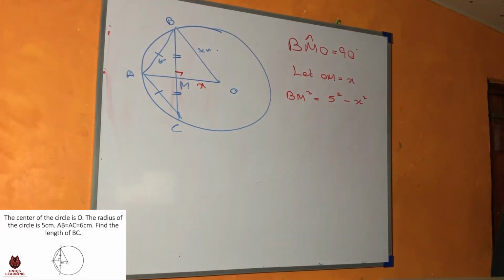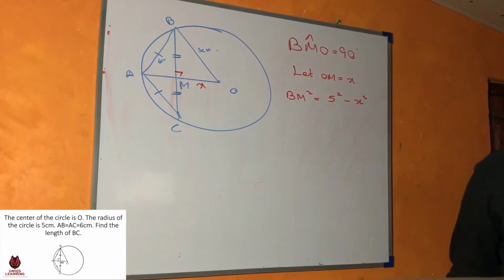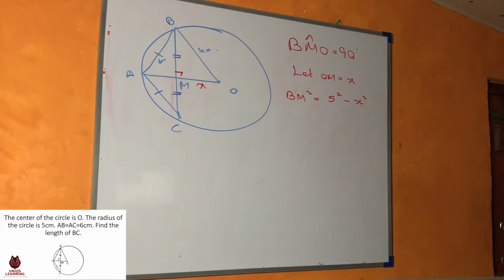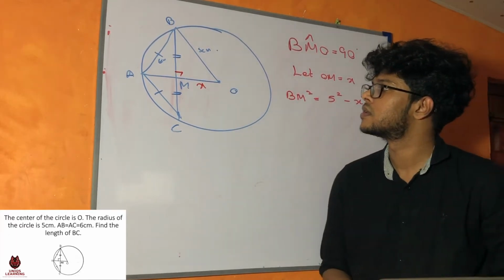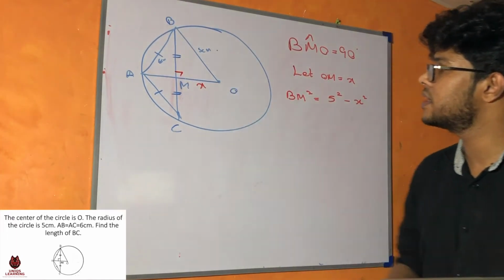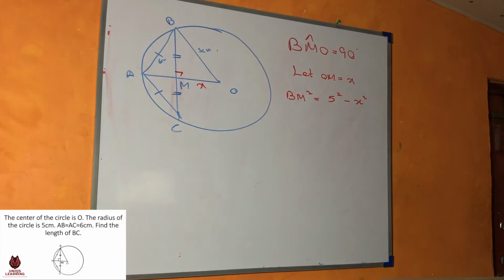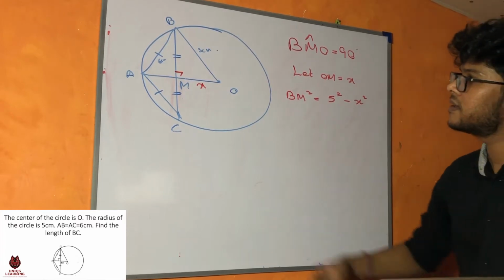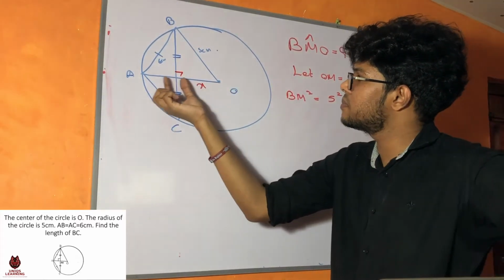Sir, can OM be taken as 5 divided by 2? How can it be 5 divided by 2? The radius is 5, but it is not bisecting each other, right?